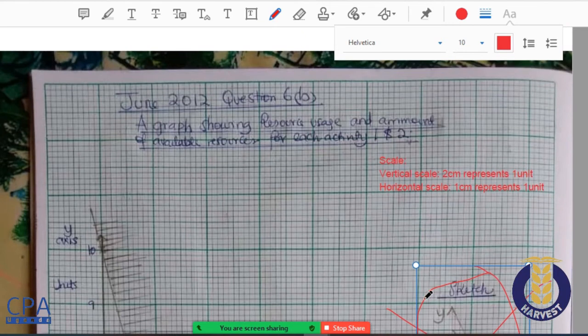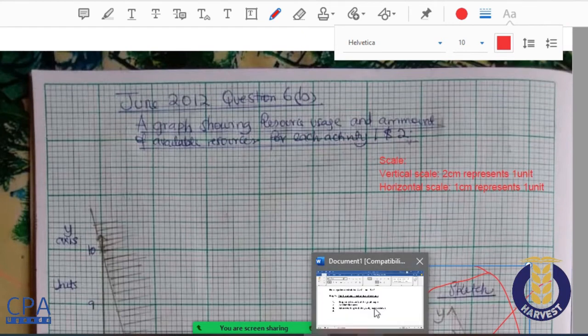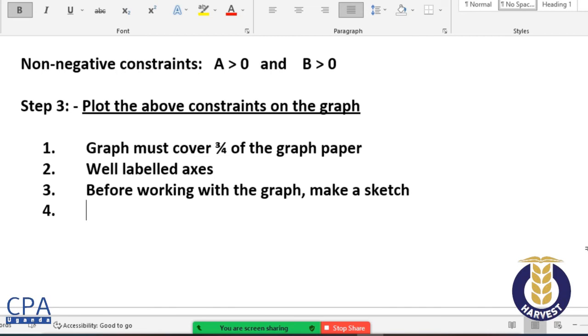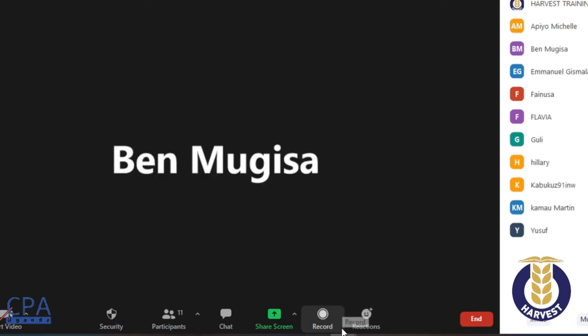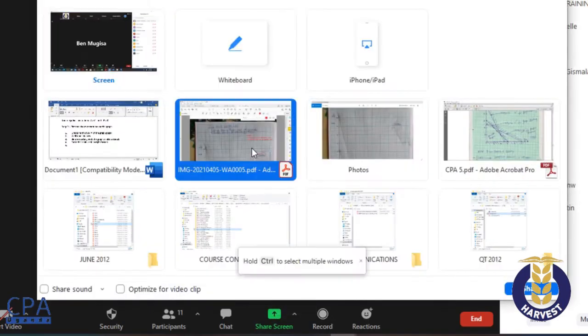Now, as our rule number 4, state the scale. State the scale used in the right format. I've given you the format. Assuming I use my own, like the way the student did here. See the student, let us learn from the student.